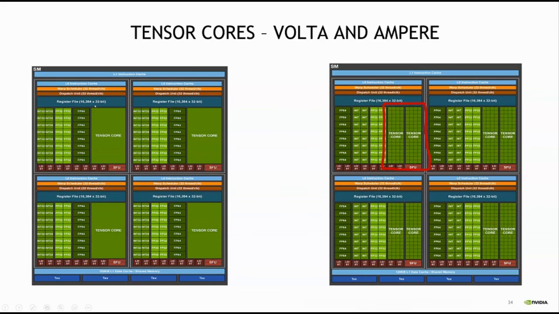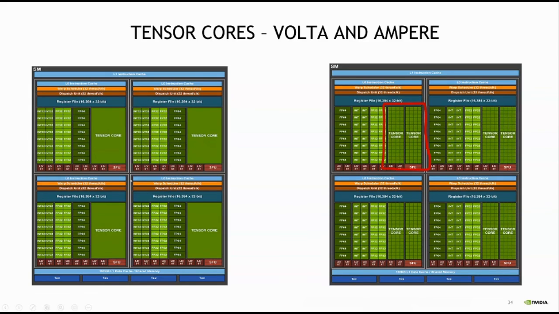But if you look at the Ampere architecture, you'll see that there is only one large tensor core, and this is because we have built in the support for TensorFloat 32, which again is a bigger data type range than FP16. Hence, you see that the tensor core structure is also much bigger in that case. So this is the main difference in the tensor core.